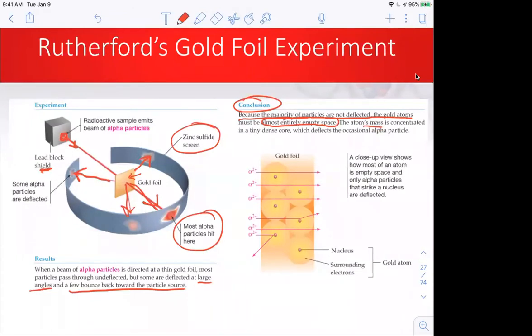The atom's mass is concentrated in a tiny, dense core, which deflects the occasional alpha particle. Now remember, these are positive. Like charges repel. So they concluded that the center of the atom was a positively charged nucleus.